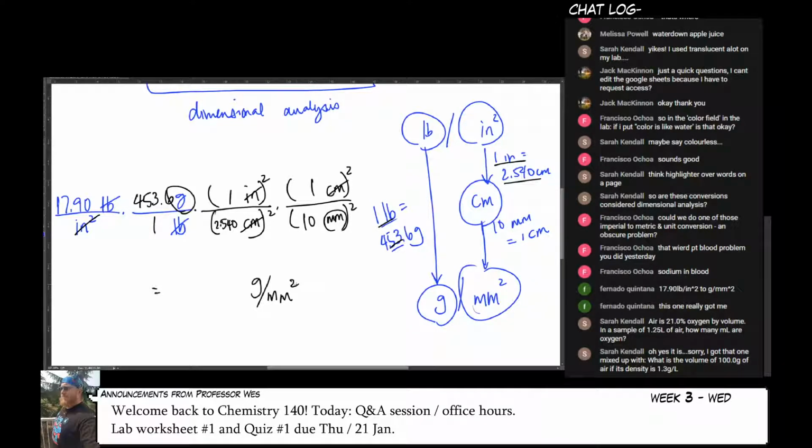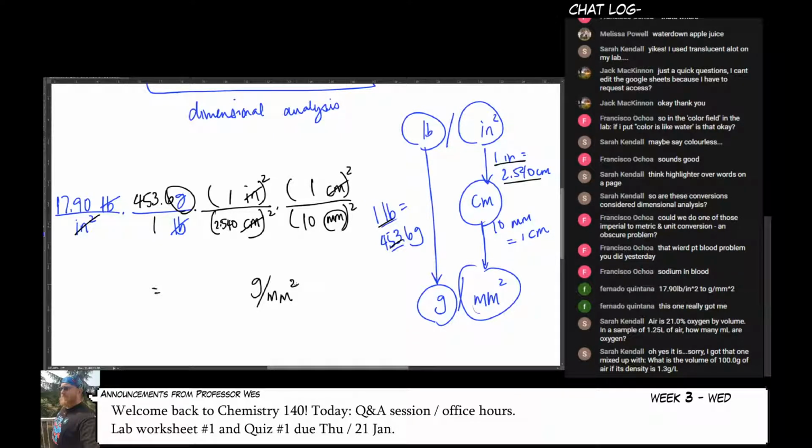And so now we just punch it all in the calculator. 17.90 times 453.6 times 1 squared times 1 squared divided by parentheses 2.540 squared times 10 squared, close parentheses.